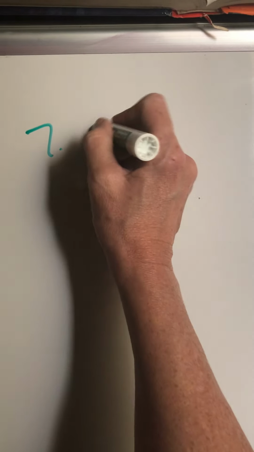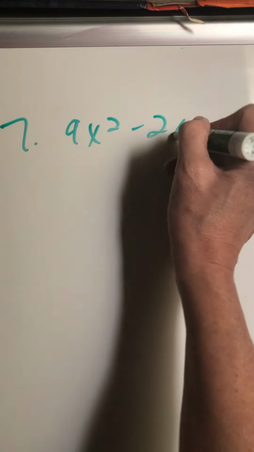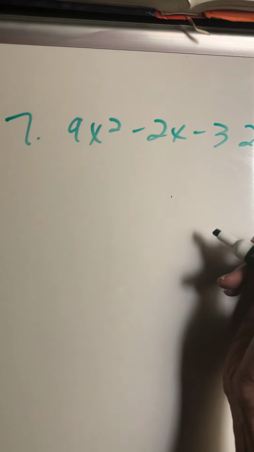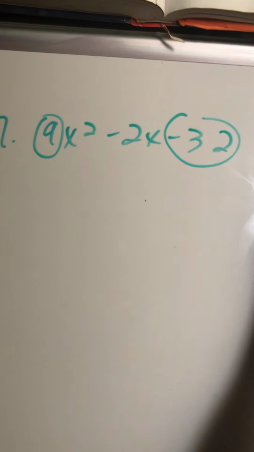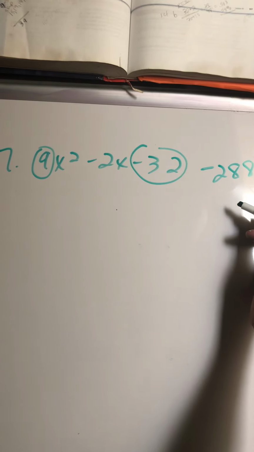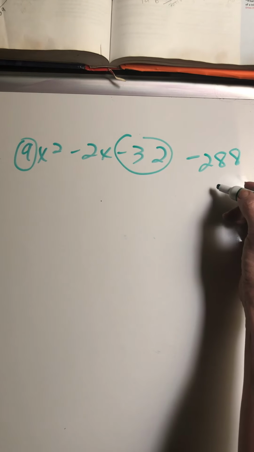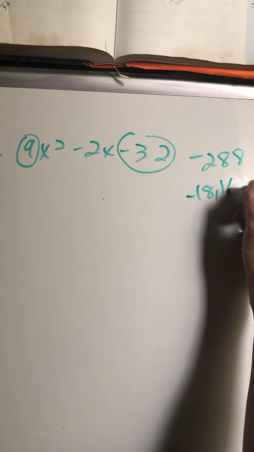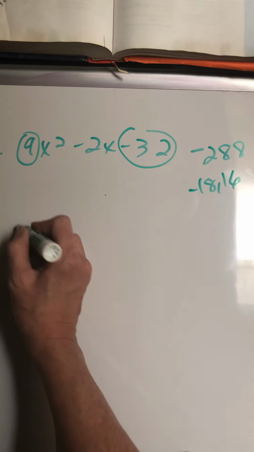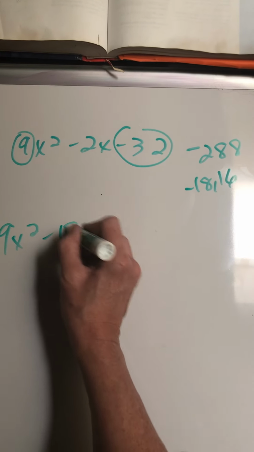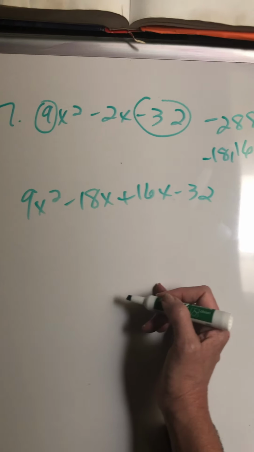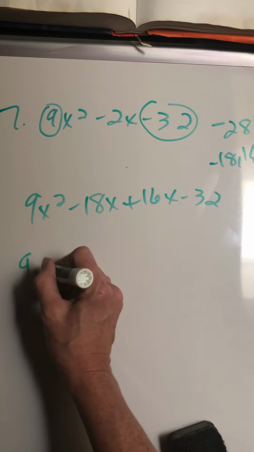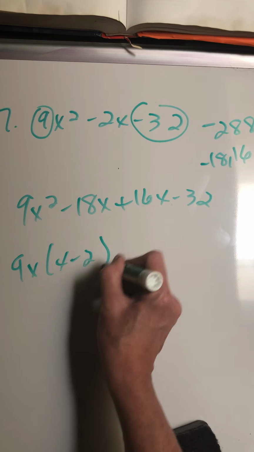Let's see, the number 7, 9x squared minus 2x minus 32. So this you do 9 times negative 32, that gives you negative 288. Then you're going to use negative 18 and positive 16. So then 9x squared minus 18x plus 16x minus 32. So then take a 9x out here, that's x minus 2.